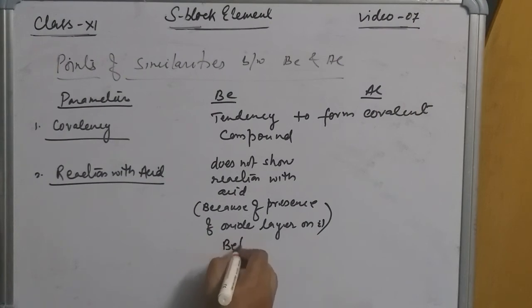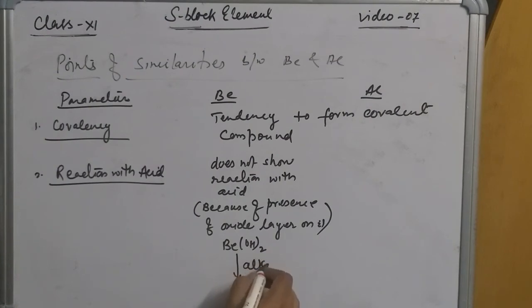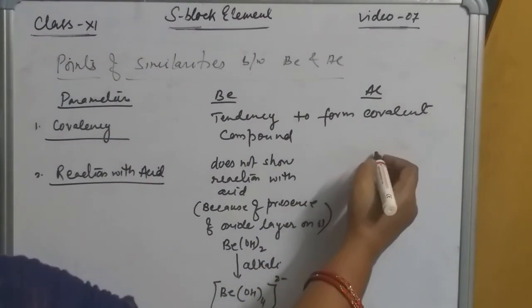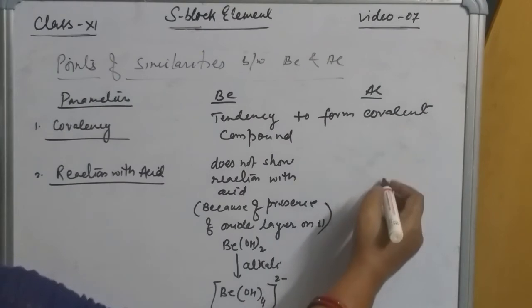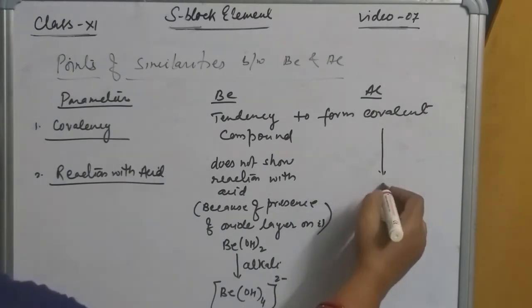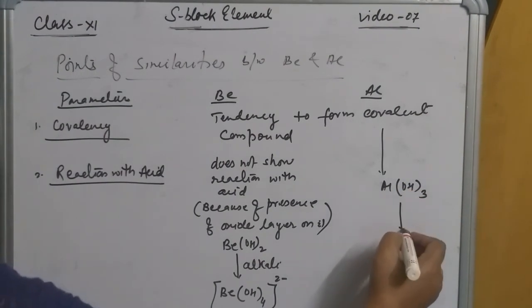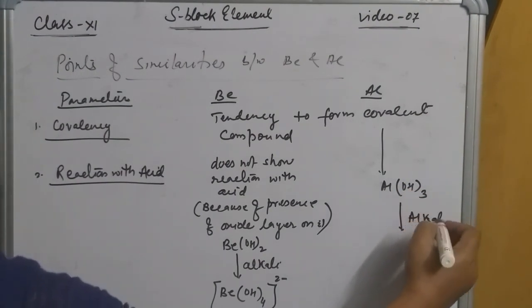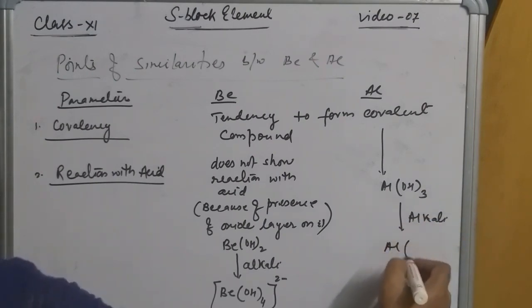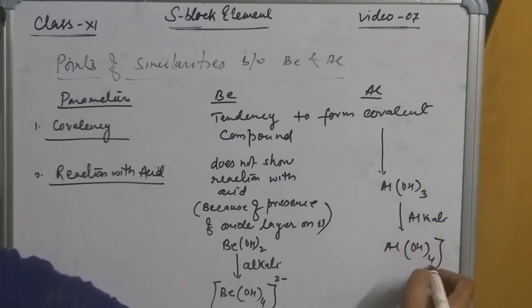Beryllium hydroxide, when treated with alkali, forms Be(OH)4 2-. Aluminum hydroxide also reacts with alkali to form Al(OH)4-.